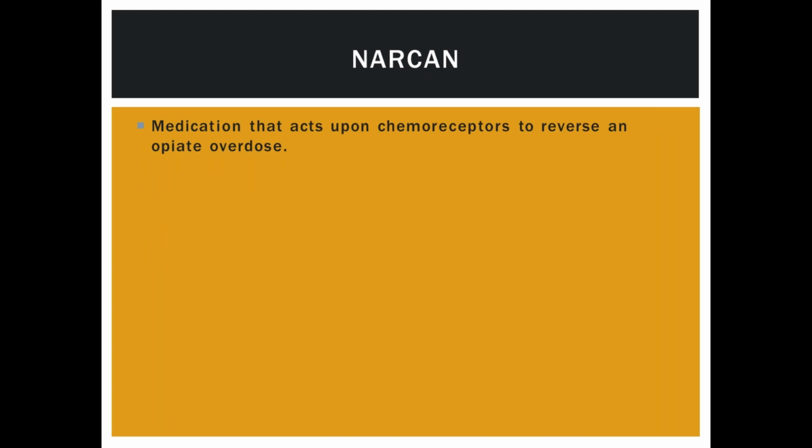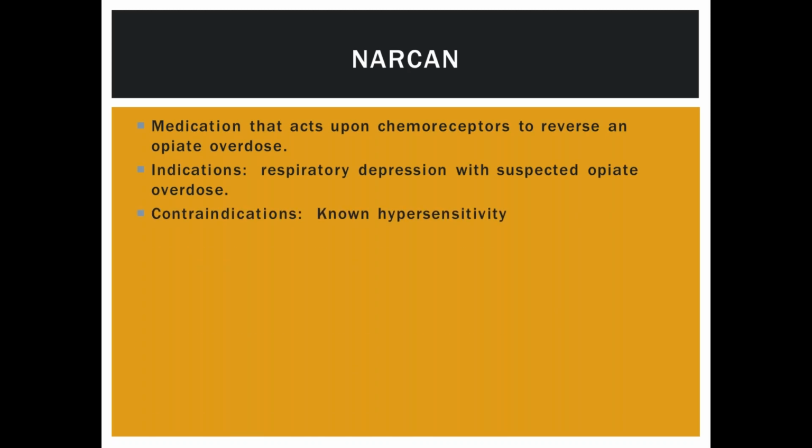Next, we have Narcan. So Narcan acts upon the chemoreceptors to reverse an opioid overdose. Our indications: respiratory depression with suspected opioid overdose. So the signs and symptoms that we're looking for: pinpoint pupils, any environmental conditions, altered level of consciousness with a decreased respiratory drive.